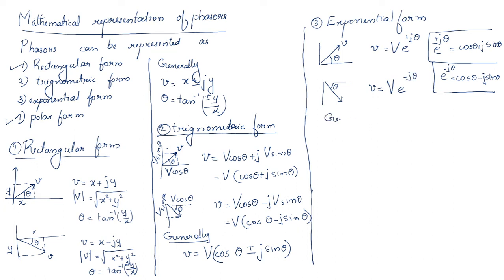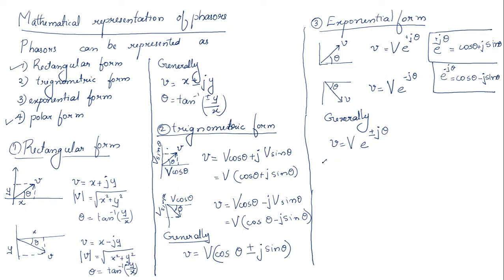Or we can generally say that we can express the phasor in exponential form as v is equal to V e raised to plus or minus j theta. Okay, I hope you understood the concept clearly.